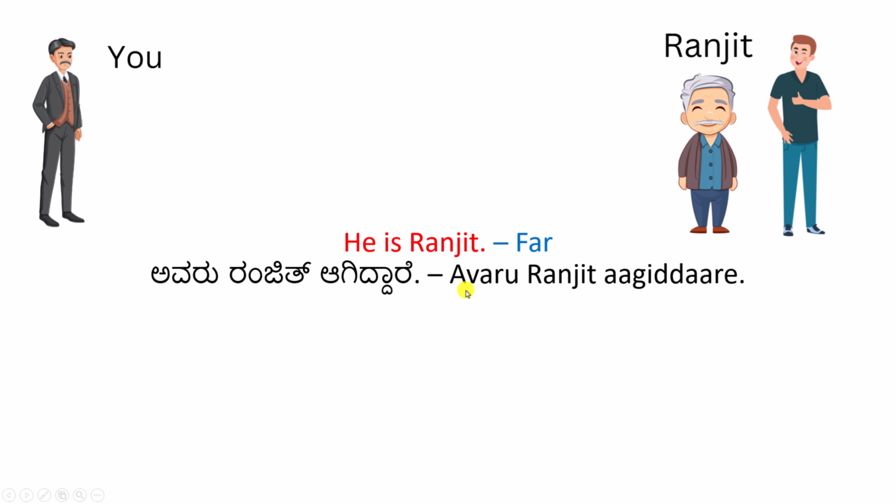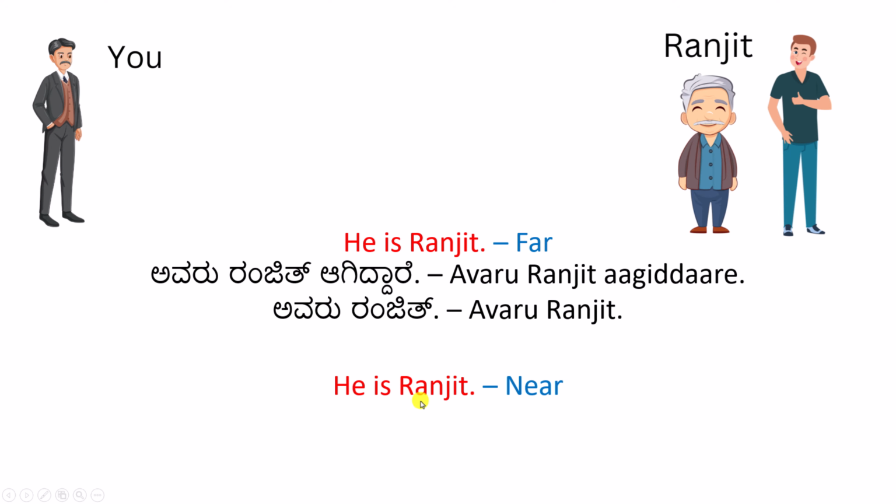Okay? Avaru is he with respect. Alright? Now, we leave out the word for is and would just say avaru Ranjit. Avaru Ranjit. Alright? Next. He is Ranjit.